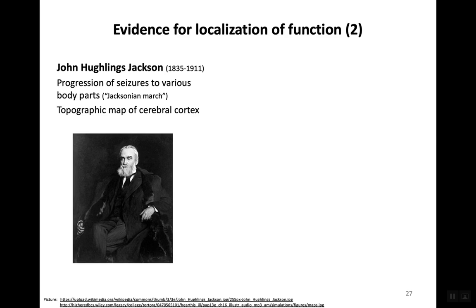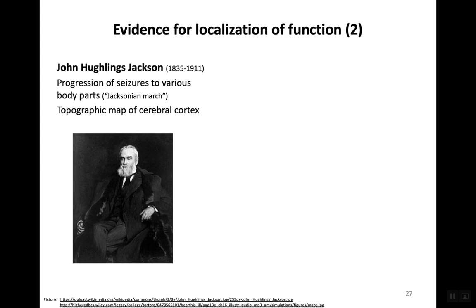So in some cases, let's say that one finger moves uncontrollably due to seizure. Then, as the condition worsens, the next finger is impacted, and then the next finger, and then the arm, and so on and so forth. So there is a certain pattern to how the condition develops, and this is surprisingly consistent.